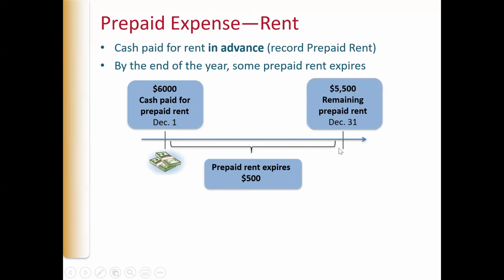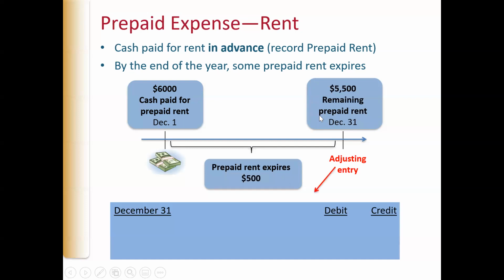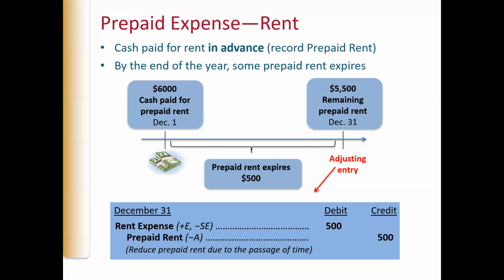So we want to accurately show that on December 31st, there's really only $5,500 remaining of prepaid rent. Okay? This is what we call an adjusting entry. This adjusting journal entry will show a debit or an increase to rent expense for $500.